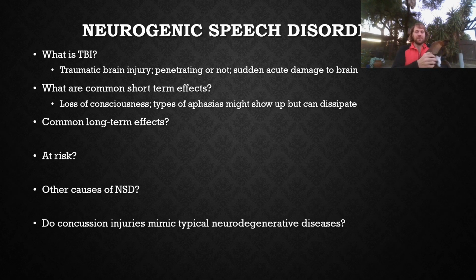I mean, there's not a lot of commonalities, but some of them are loss of consciousness right after the damage, and also you can have things that look like aphasia, but they often dissipate. So when somebody shows up with a TBI and it looks like they have aphasia, it's not always diagnosed right away. A lot of times that'll wait until a few days when it should be cleared up if it's not permanent. What about common long-term effects?